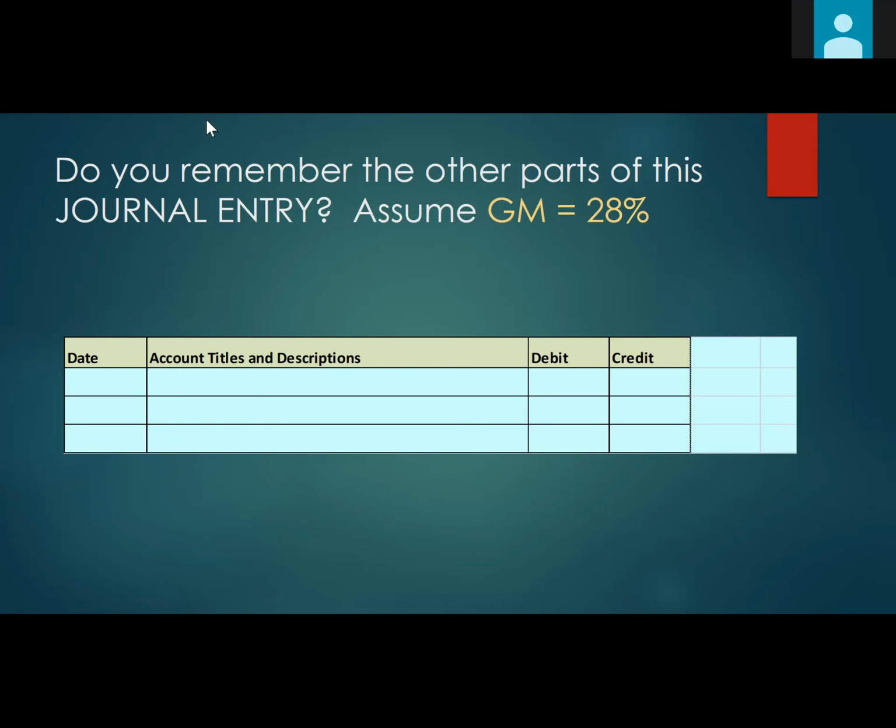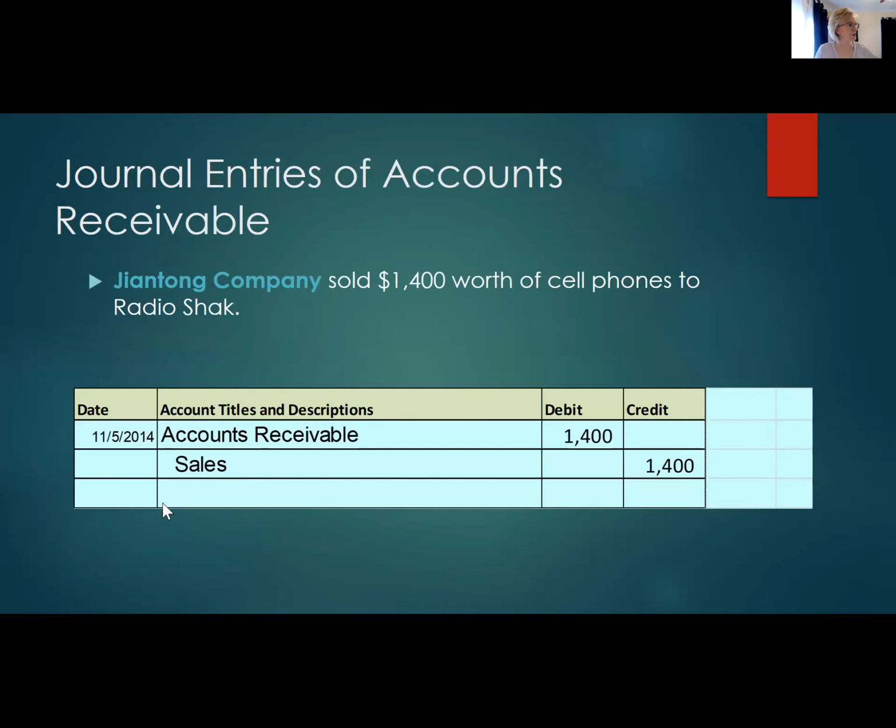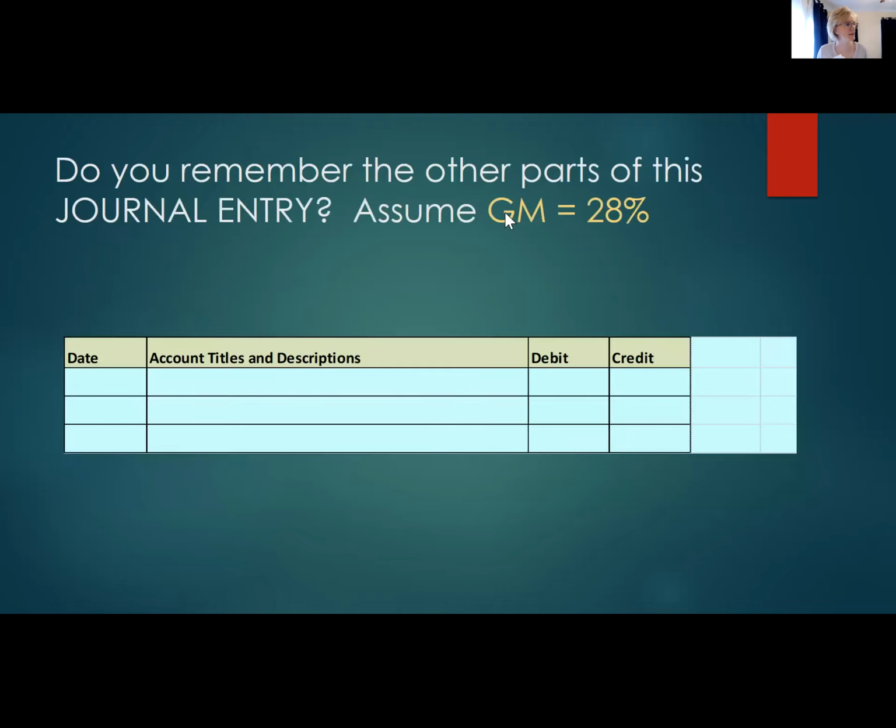All right, so we did the first journal entry. We said we sold $1,400 of cell phones. And the first 2 lines of that journal entry are debit accounts receivable and credit sales. And now I'm saying, we've got to track that inventory.